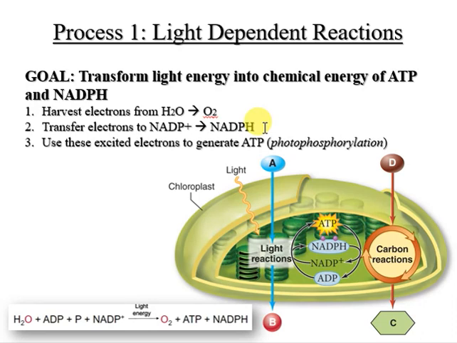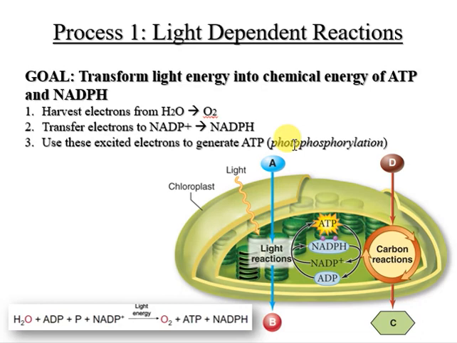You can either have substrate level phosphorylation, oxidative phosphorylation, or photophosphorylation. Photophosphorylation is only going to occur in photosynthesis, more specifically, right in the middle of your light-dependent reactions.